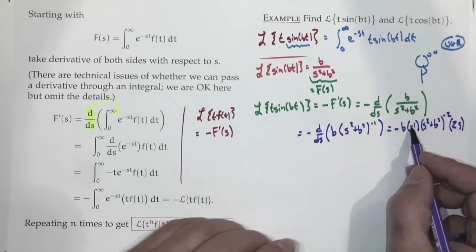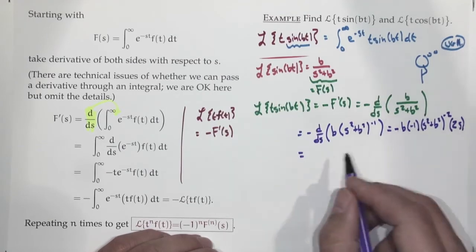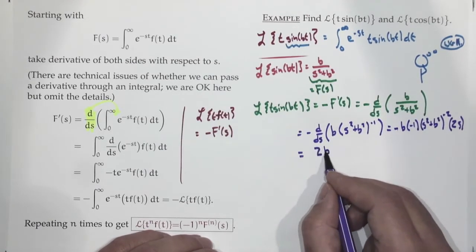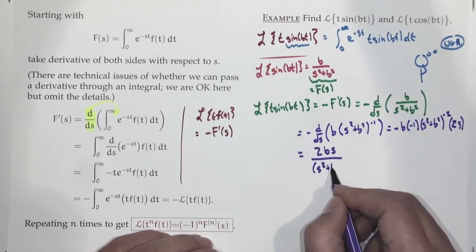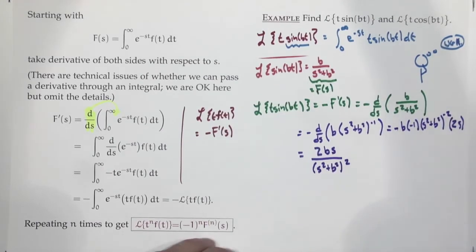Well, two negatives make a positive. So upstairs we have 2 times b times s, and downstairs, s squared plus b squared, squared, which is what the minus 2 power represents. And there we go. Life is good.